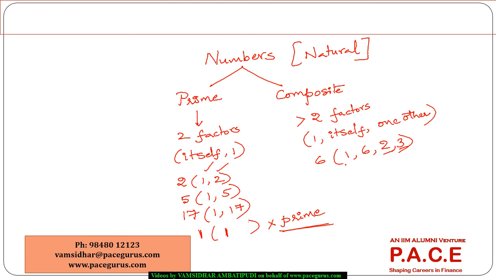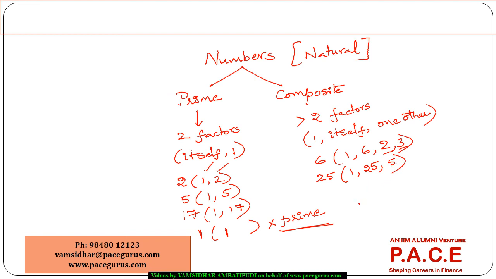They are called composite numbers. A number 25. Apart from 1 and 25, we also have 5. 5 5s are 25. So at least one additional factor is present. They are all composite numbers.